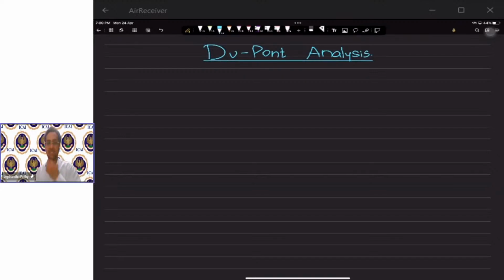Dupont analysis. Now, tell me, return on equity, we know it is profit after tax upon equity shareholders fund.